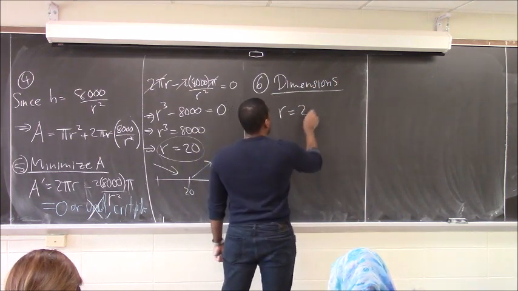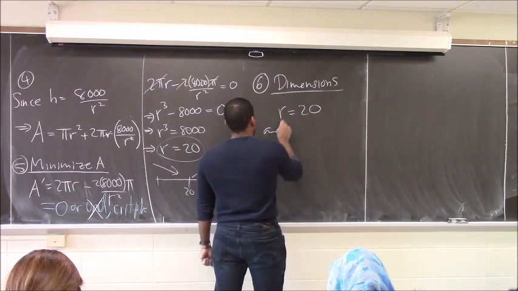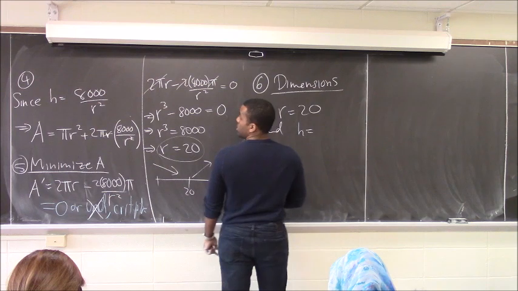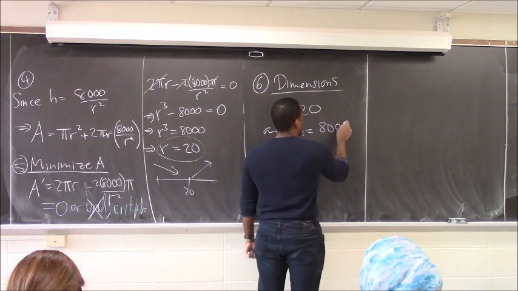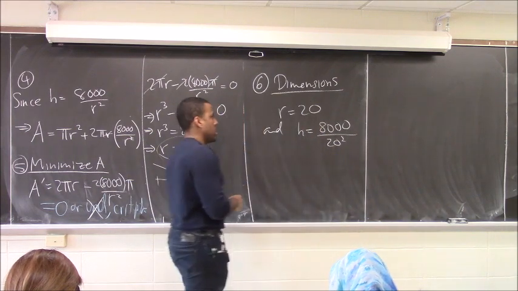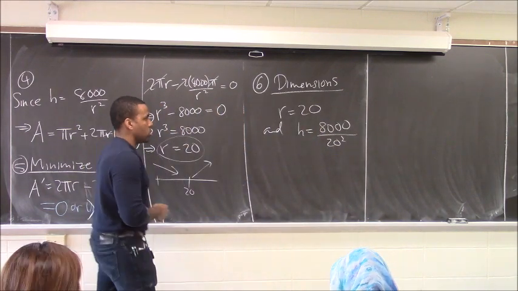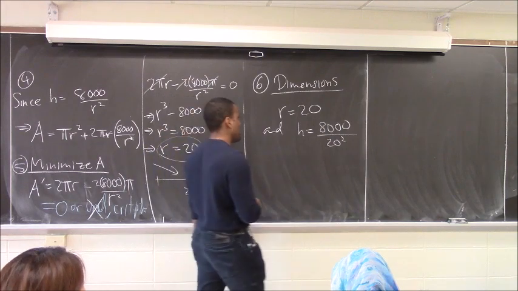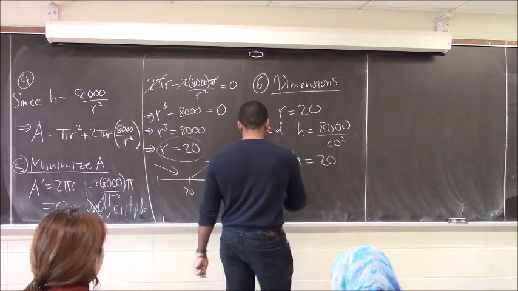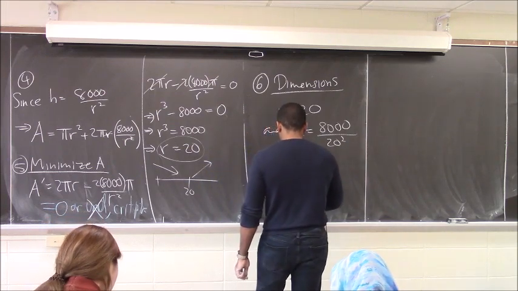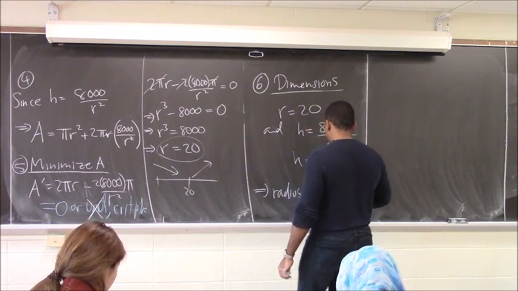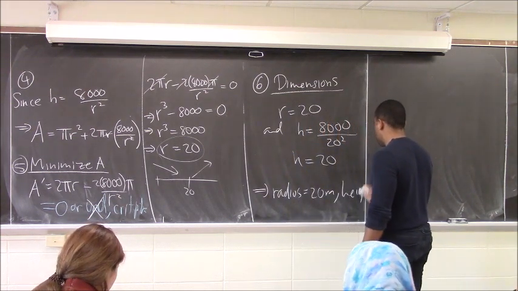So we know that the radius needs to be 20, and in that case the h is going to be 8,000 divided by 20 squared. That's 8,000 divided by 400, the zeros cancel, and we get 20 divided by 2, which is 10. So this means radius should be 20 meters, and the height should be 10 meters.